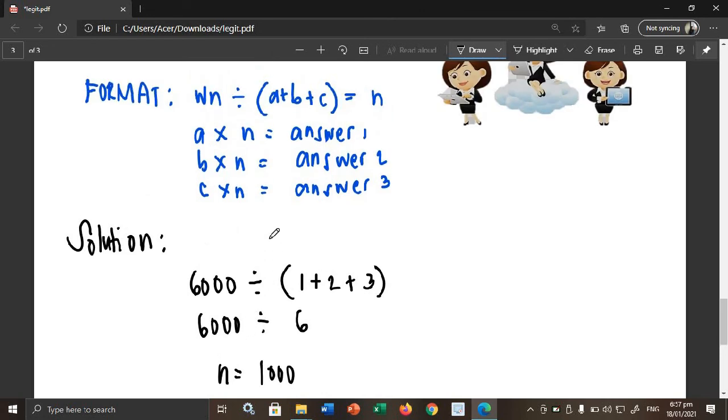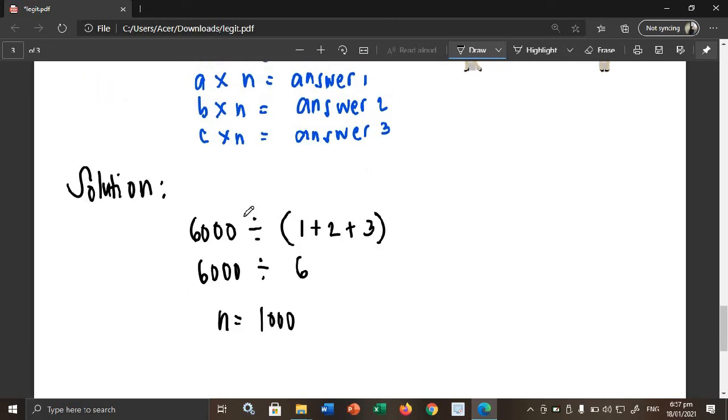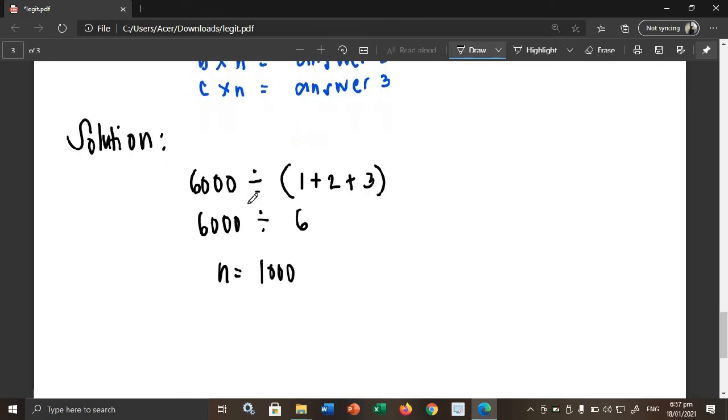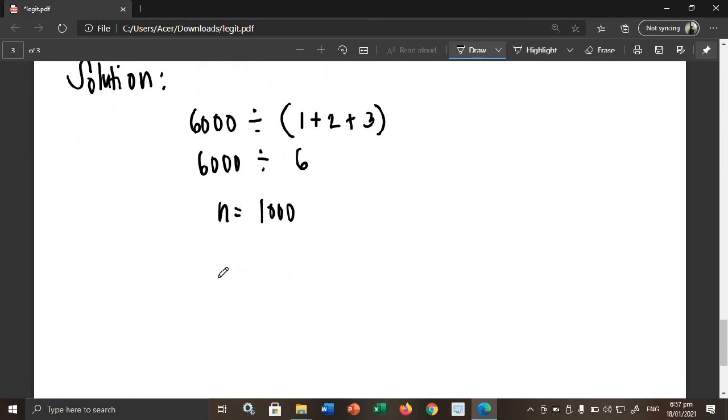Ngayon, si n yung 1,000, diba? You need to multiply 1,000 to each number in your ratio. Your ratio is 1, 2, and 3. So, for you to solve the answers, you need to multiply each ratio to 1,000. First, we have 1, times natin sa 1,000. That will be equal to 1,000. Yan yung una mong answer.